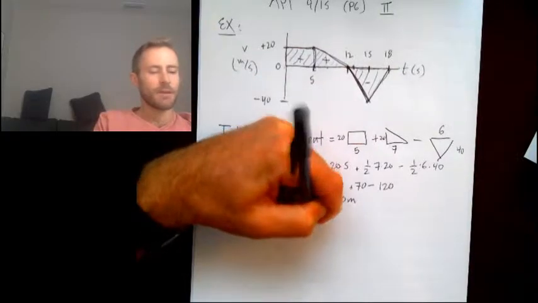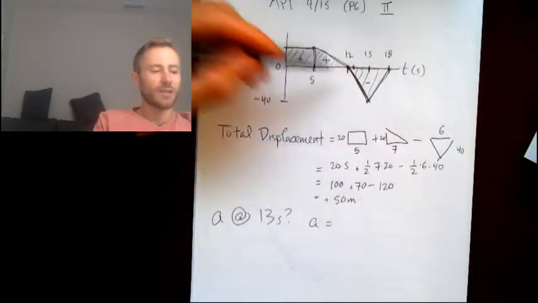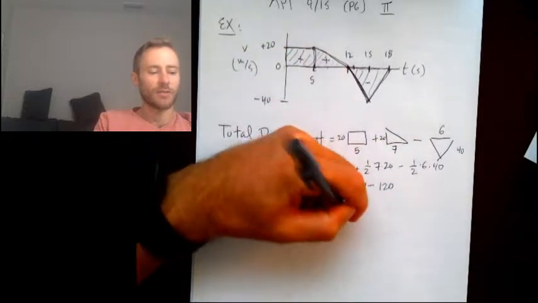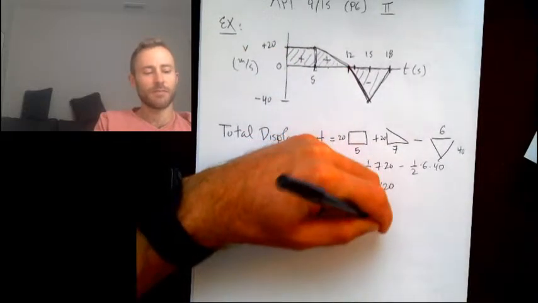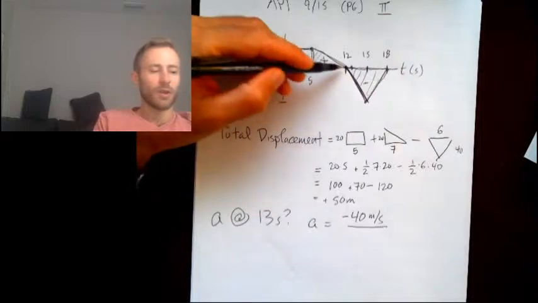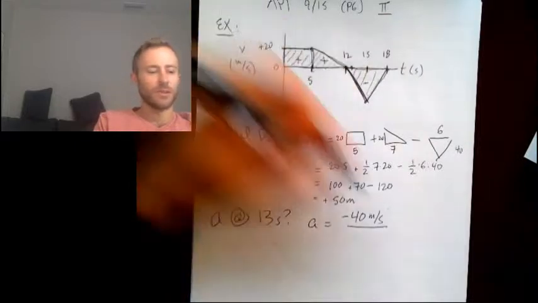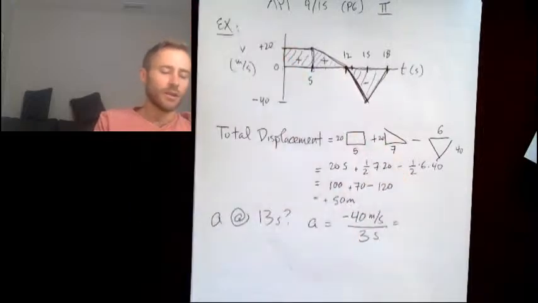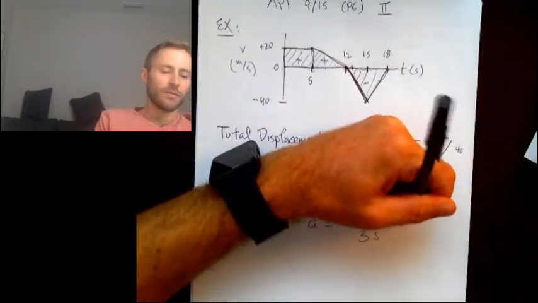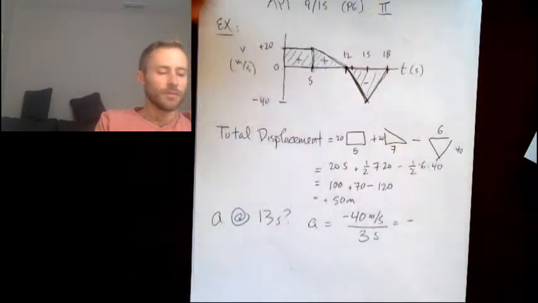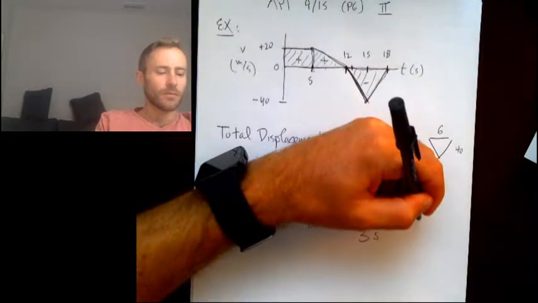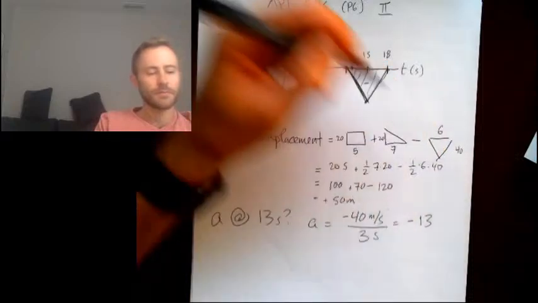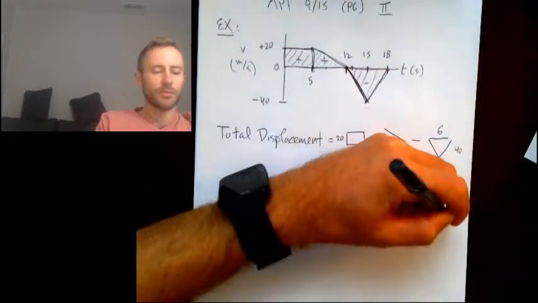What is the rise of that segment? Well, it goes from 0 to negative 40, so that's a rise of negative 40 meters per second. And then the run is from 12 to 15, so that's a run of 3 seconds. So my acceleration would be negative 13.3 meters per second squared.